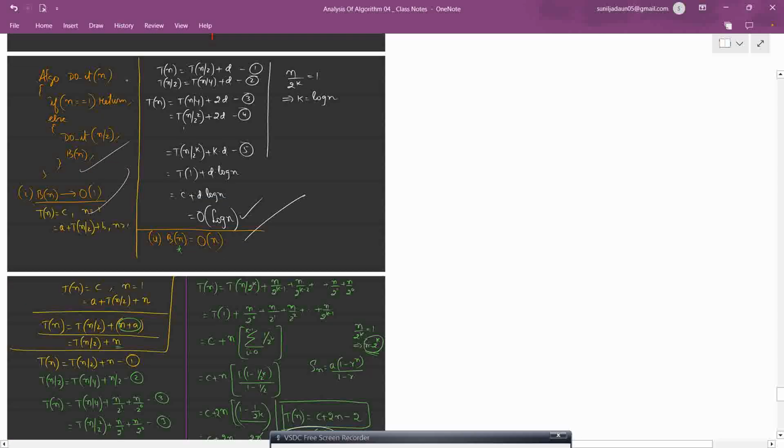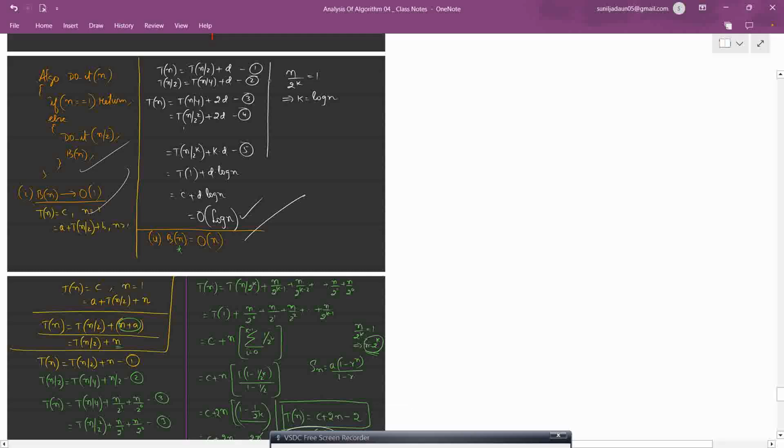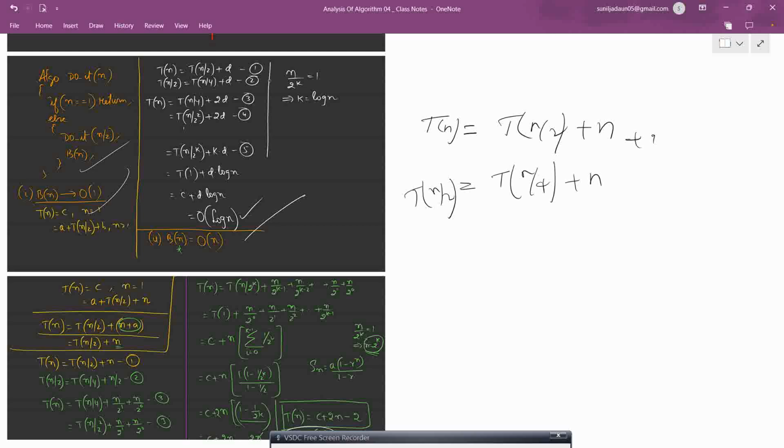Just let's see. T of n is equal to T of n by 2 plus n. Let's say this is the thing. T of n by 2 is T of n by 4 plus n.